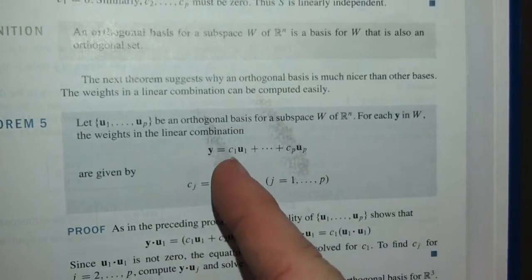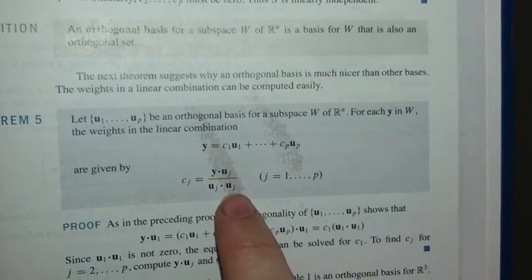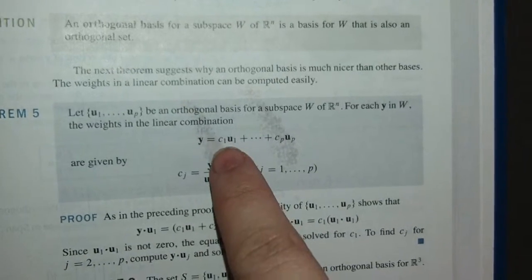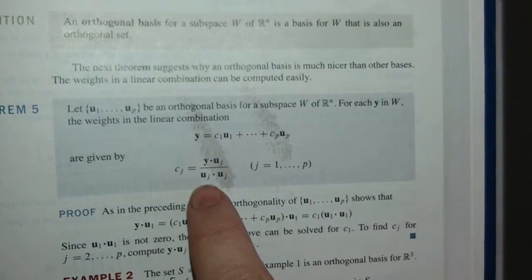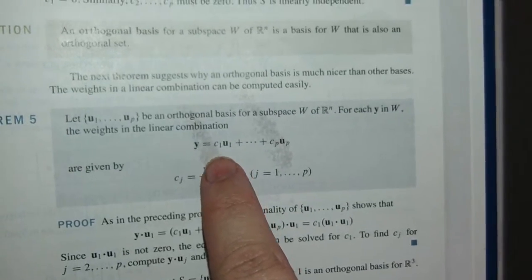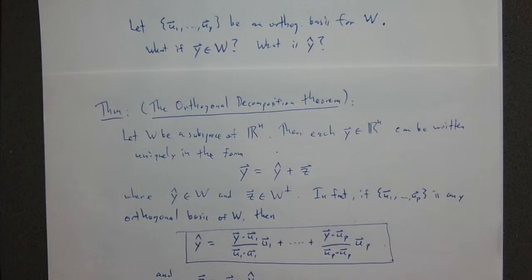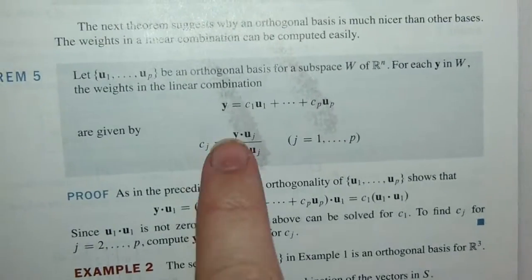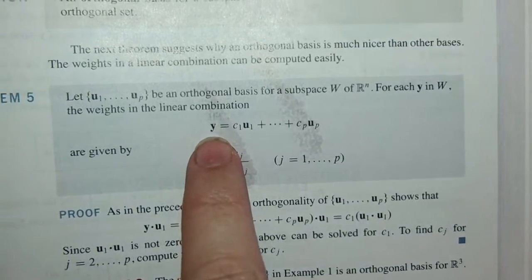But notice what this is saying. If I replace each of these c sub j's with this, what formula do I get? I get the formula in the orthogonal decomposition theorem. But in the orthogonal decomposition theorem, this is a formula for y hat. In my nameless theorem, this is a formula for y.